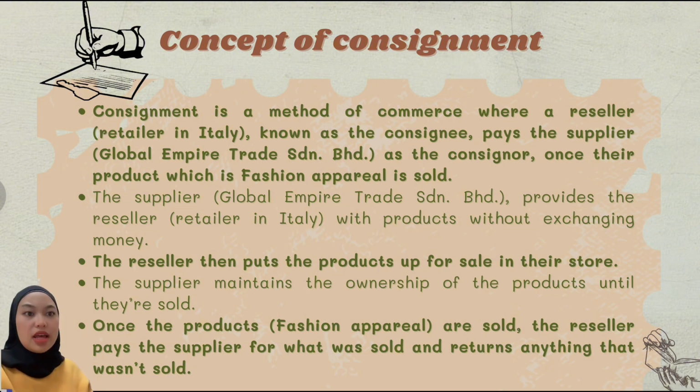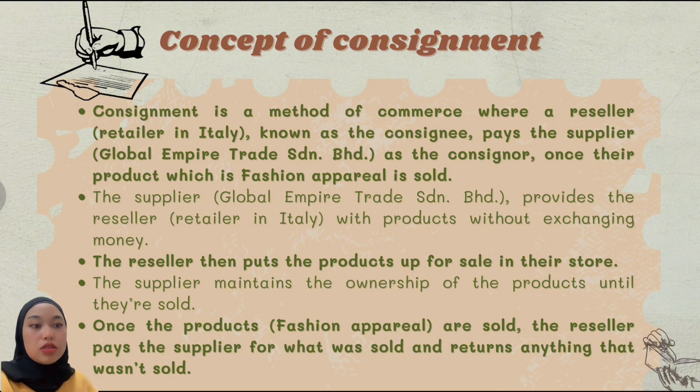E-commerce where a reseller, which is a retailer in Italy, known as the consignee, pays the supplier, which is Global Empire Trade Syndrome Berhad, as the consignor, once their product, which is fashion apparel, is sold. The supplier provides the reseller with products without exchanging money. The reseller then puts the products up for sale in their store.